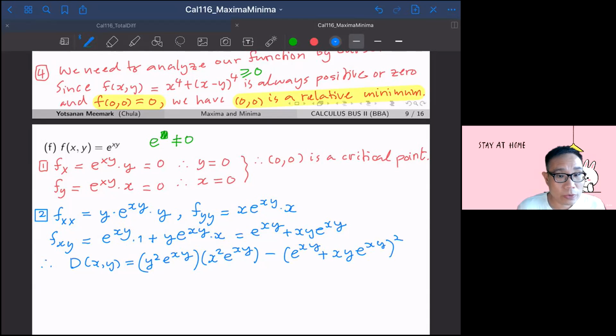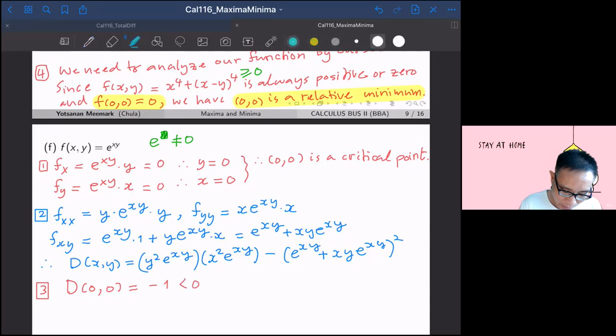I would say do not simplify, because you don't need to simplify D. The thing you need to compute in the third step is D at (0,0), and it is computable in this case. D at (0,0) turns out to be minus 1, which is smaller than 0. So we have a saddle point: (0,0) is a saddle point.